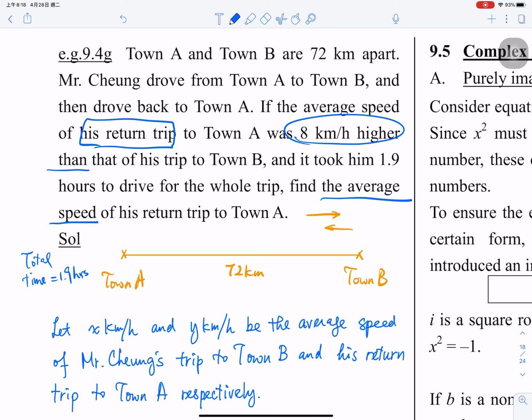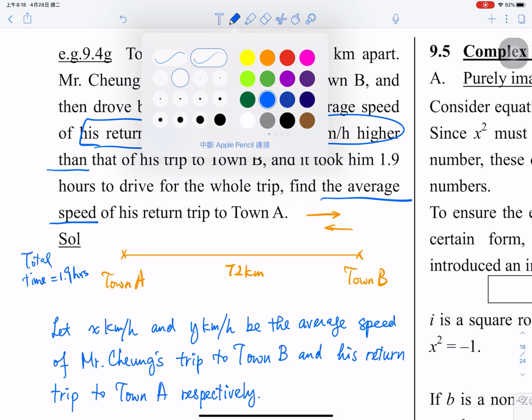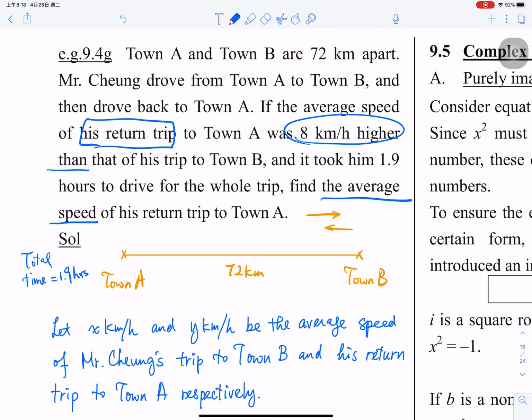Okay, so let's see. Have a look. Let x kilometers per hour and y kilometers per hour be the average speed of Mr. Chen's trip to town B and his return trip to town A respectively. That means here, I use the blue one, this one as x kilometers per hour, and the return trip y kilometers per hour.